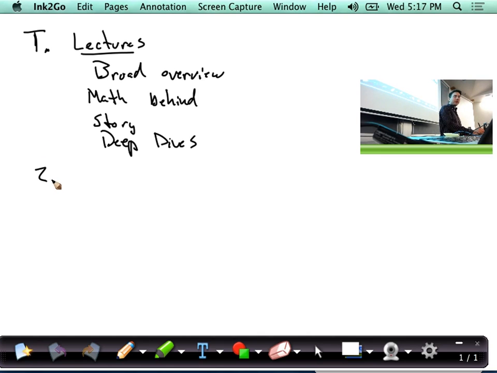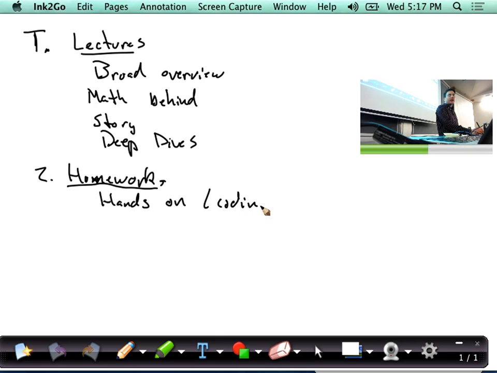The next part is the homeworks. These are the learning components of the class. You're going to get a grade for them, but they're more hands-on and often have to do with coding the basics. I want you to make sure you cover the basics, and often this will have some clean data.